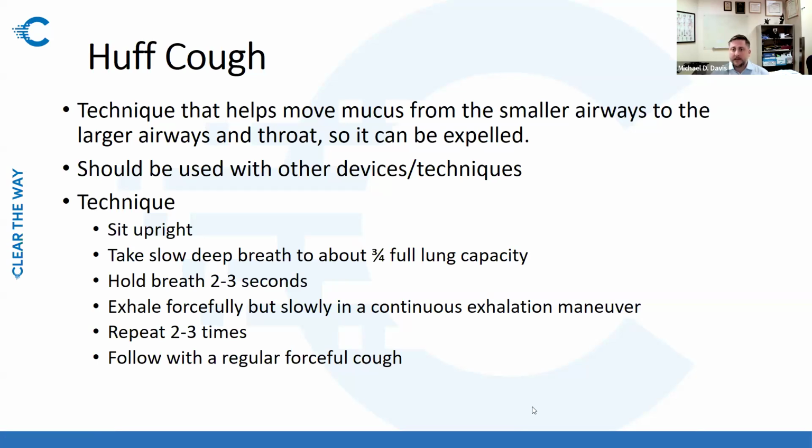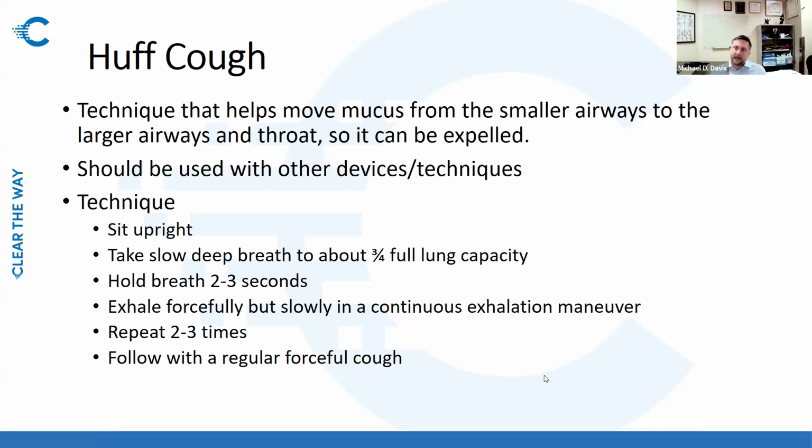But in short, you sit upright, make sure your posture is nice and great. You take almost a full breath, but not quite a full breath. You hold it for a few seconds. And again, based on the same principles of all the things we're talking about, it's about getting your lungs open and getting secretions loose, right? So you hold your breath for a couple of seconds, which helps ensure those airways are open.